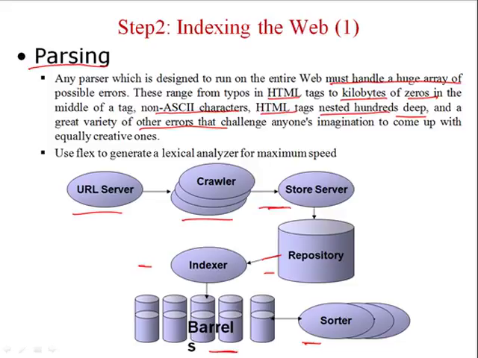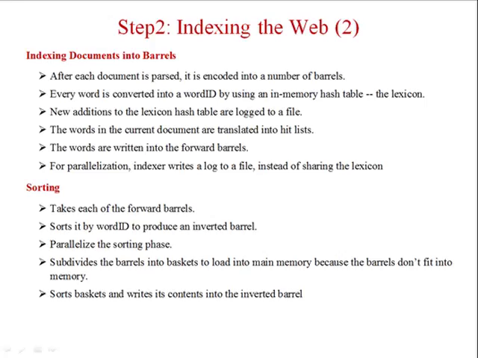It takes real creativity to come up with equally creative ones. It uses flex to generate the lexical analyzer for maximum speed, and based on those techniques it identifies the words, converts them into indexes, and stores them into barrels, and then the sorter sorts them.